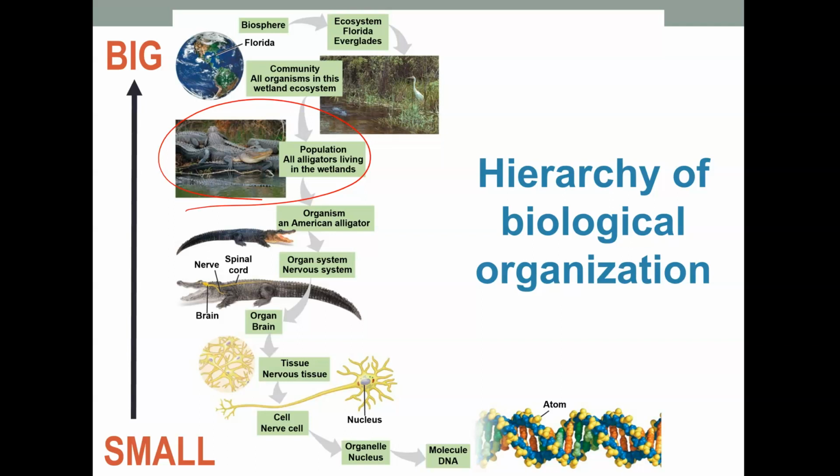Now, on the other hand, we have the term community, and we're going to talk about communities in Unit 5. Communities are all the living things in that particular ecosystem. So here you can see that it's not just the alligators, it's also some type of egret or heron in the swamps of the Everglades, the plants, all the aquatic species, and so on.